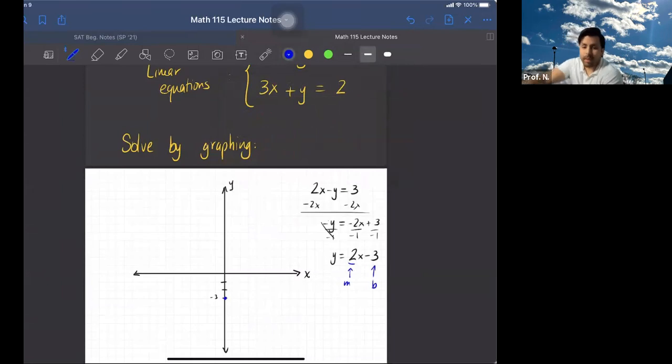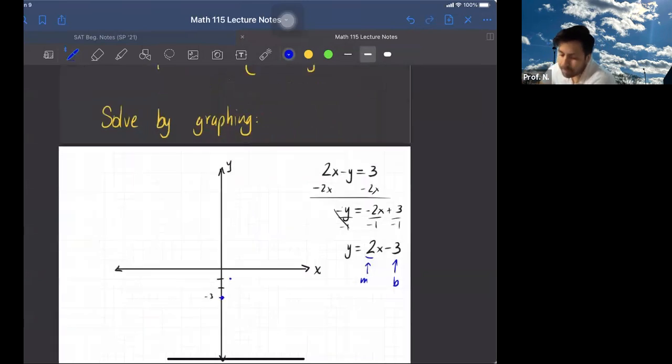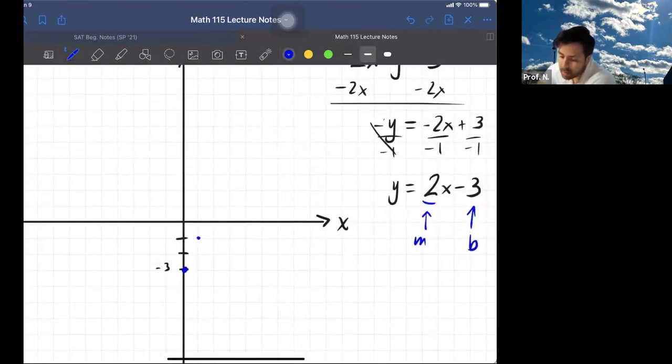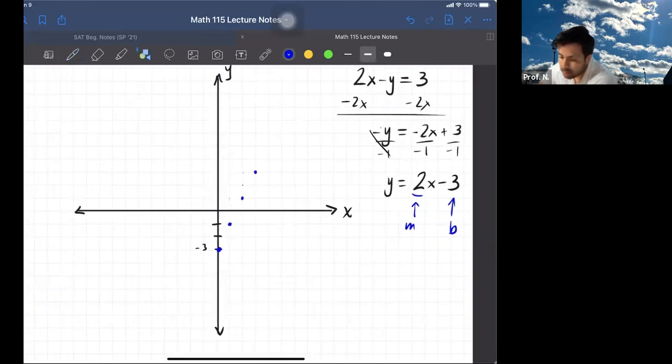So I go up by 2 over 1 to my next point, up by 2 over 1, and so on and so forth. And then I have a straight line. I can use a ruler if you need. And then boom, I got the graph. So this graph is y equals 2x minus 3.